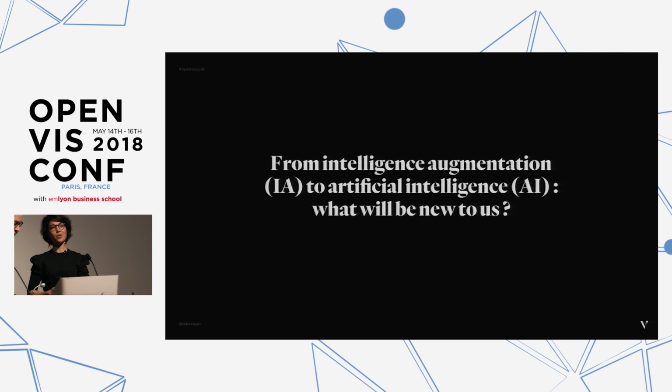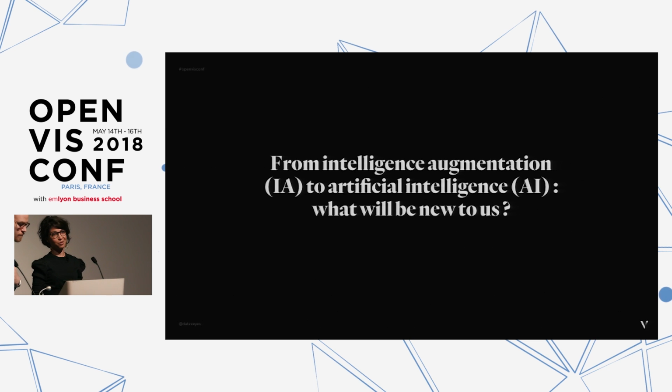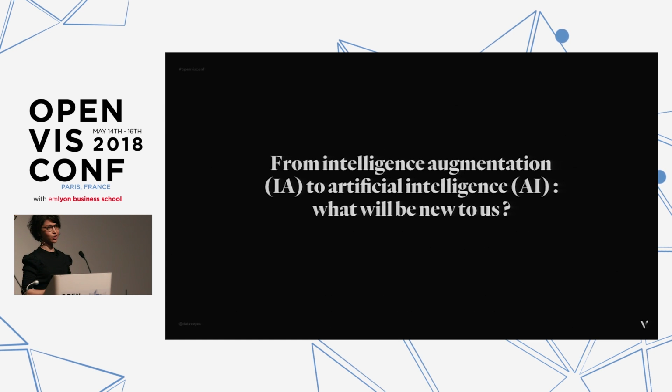So it opens a lot of questions for us, because what will be our work in a world where algorithms are better than us to solve problems? Will we still need people to make visible the invisible? Yeah, we think so. We think we will still need people to make visible the invisible, because we will still need to interact with those algorithms, to control them, to see what's happening.